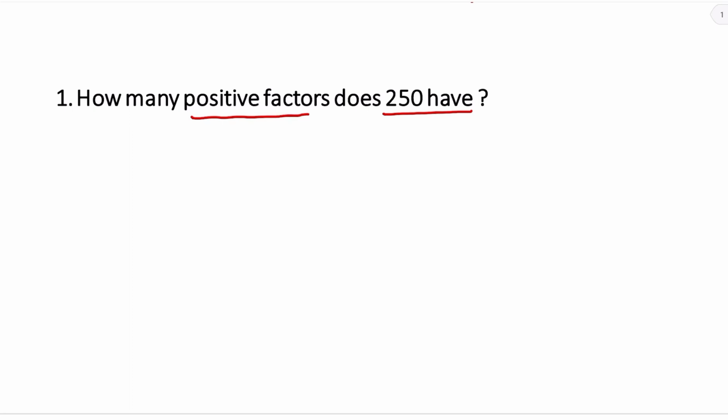So whenever we are required to find the total number of positive factors, what we have to do? We simply have to write the number, let's say number n, in its prime factorization form. So let's say the prime factors are a to the power x multiplied by prime factor b to the power y.